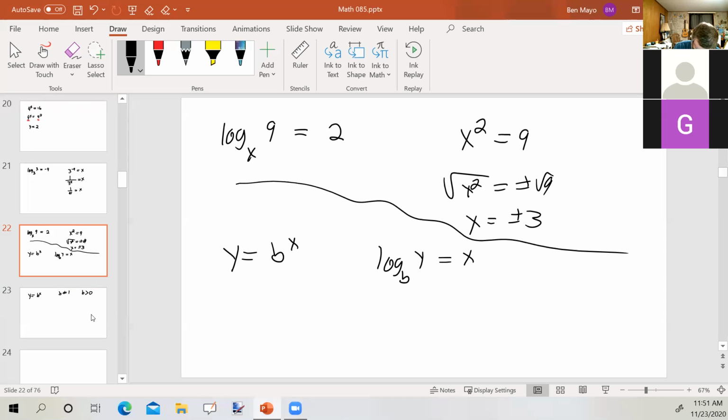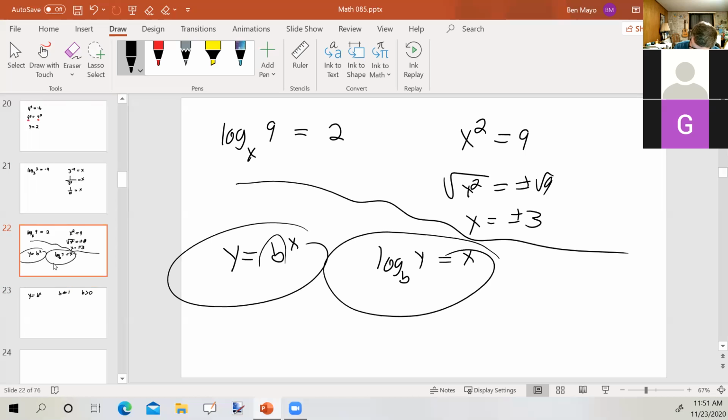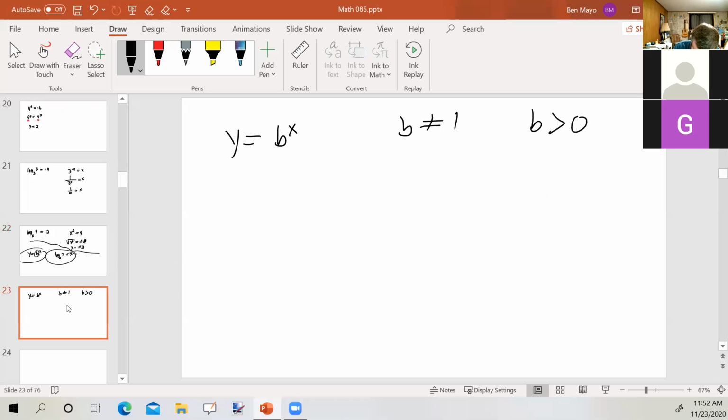I just took a basic exponential equation and rewrote it as a logarithmic equation. Base is the same. But we said that this can't be 1 and it has to be positive, right?